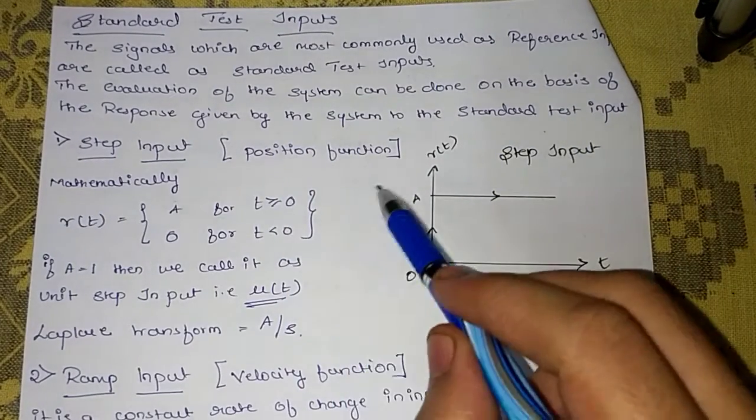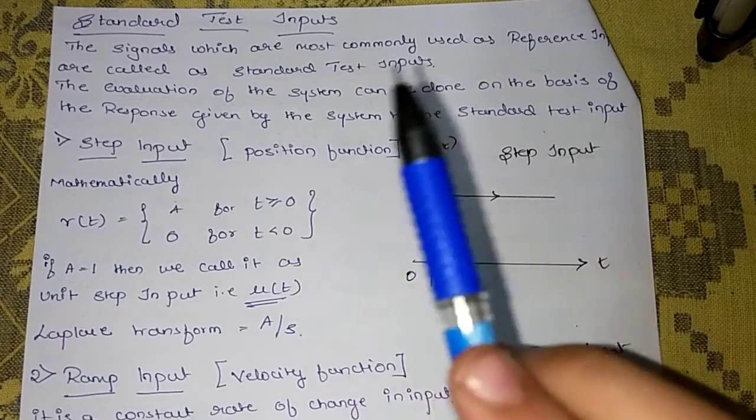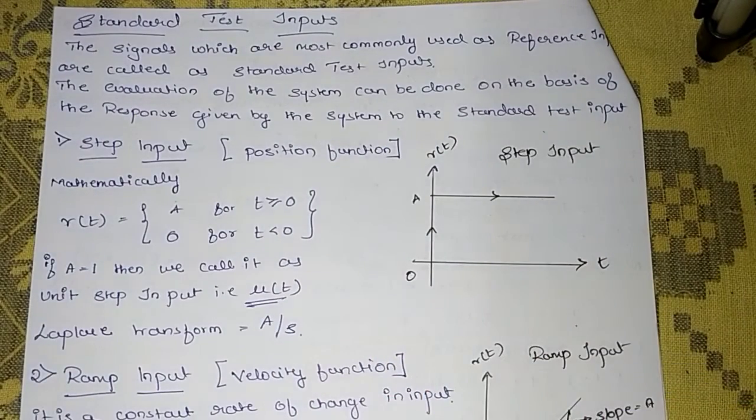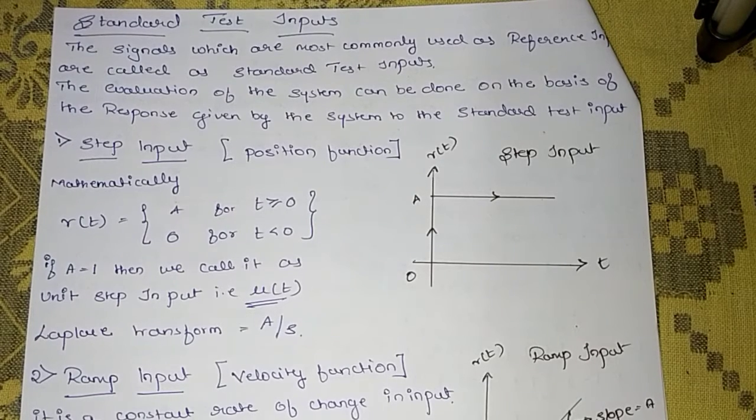Means there is one system. For that system, if we give standard inputs, whatever output we get is considered as the evaluation for the system. The response to the standard test inputs can be useful for the evaluation of a particular system.